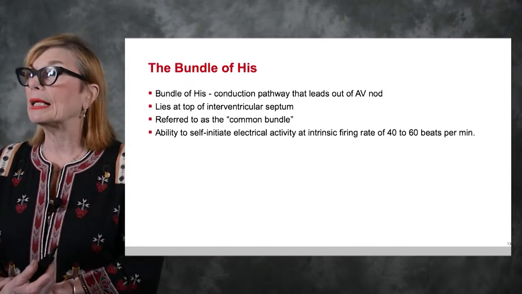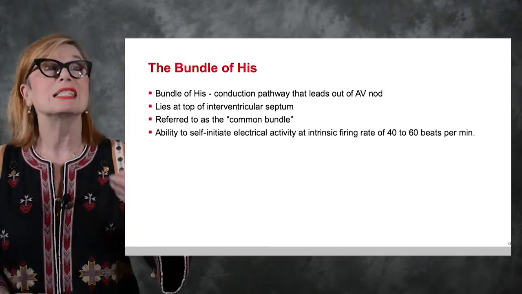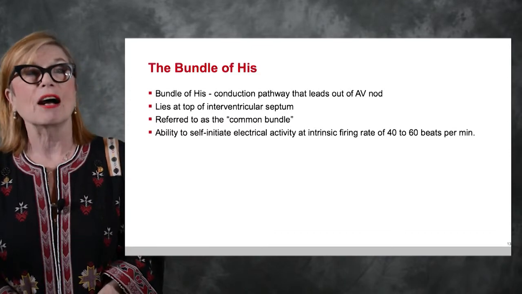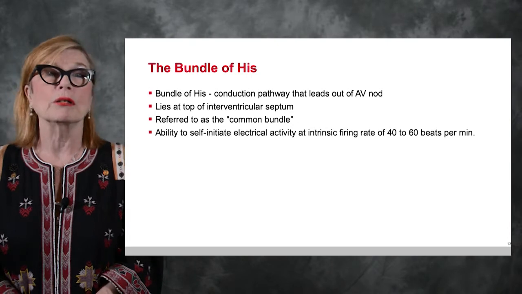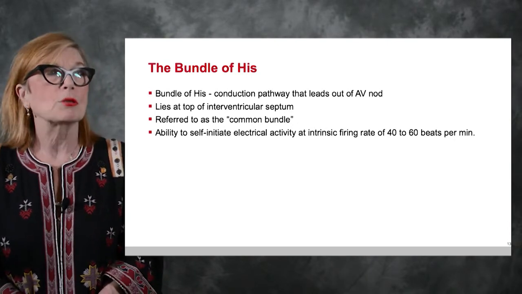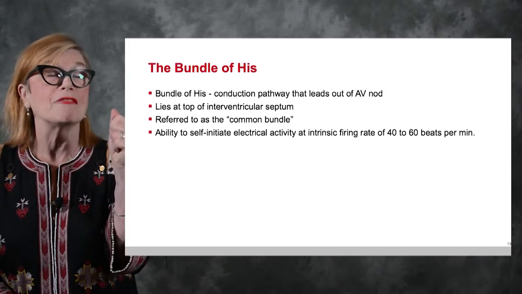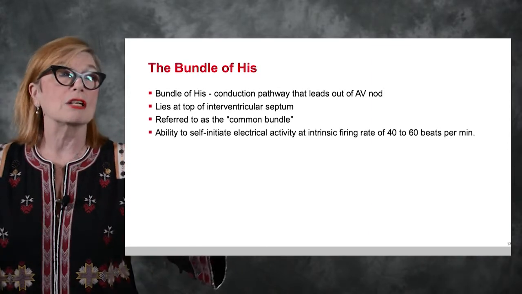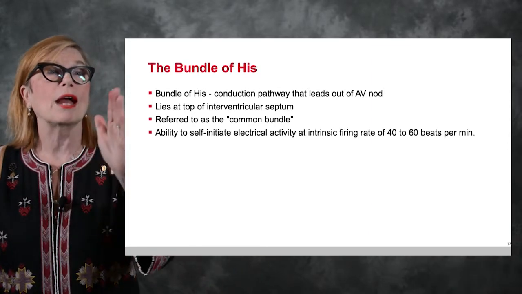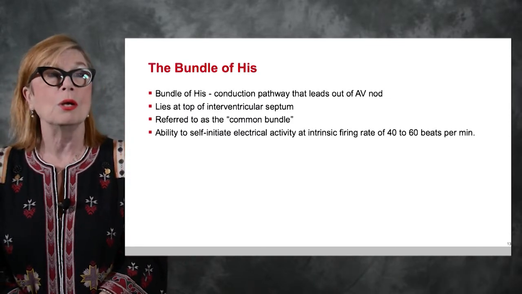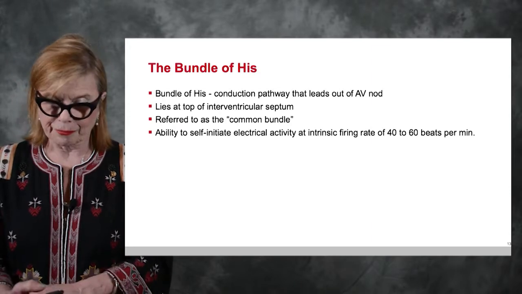It has the ability to initiate a firing rate to escape from death when the sinus node has failed. The firing rate of the common bundle of His is somewhere between 40 to 60 beats per minute. And because it's supraventricular, the depolarization down into the ventricles will appear exactly the same as if the impulse had come from the sinus node, just a little bit slower.